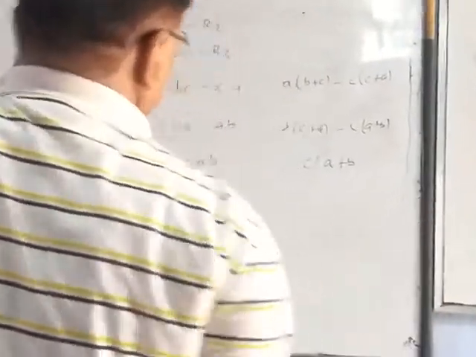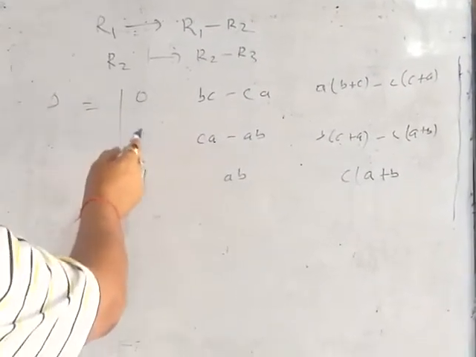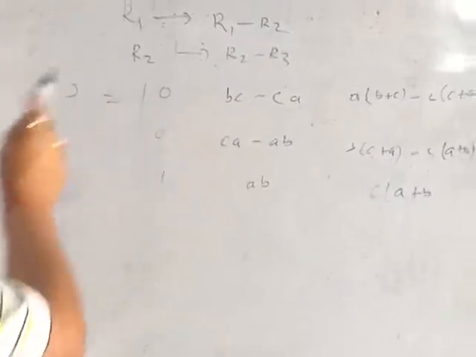Student, here in the first row, first column, there are 2 zeros.